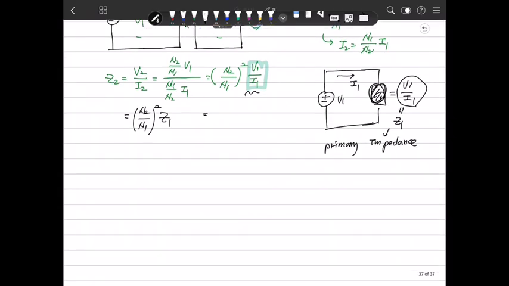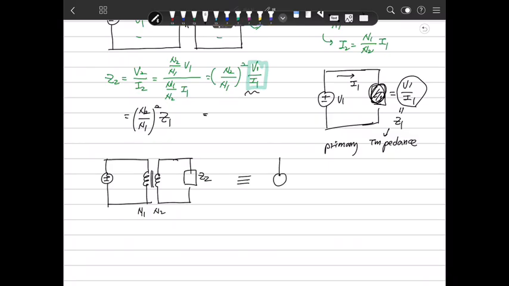That means we have an ideal transformer here, and we have impedance Z2. This is N1 and N2.